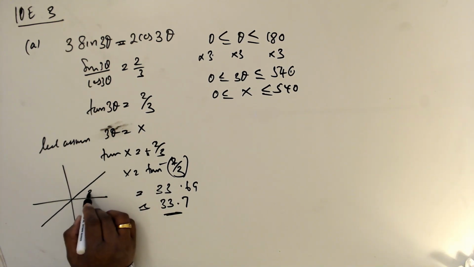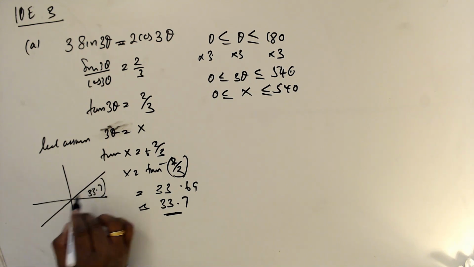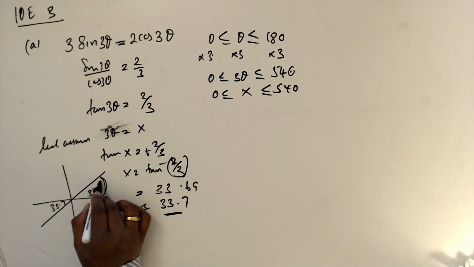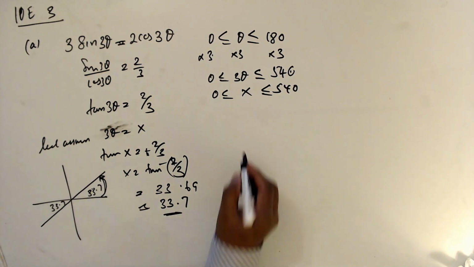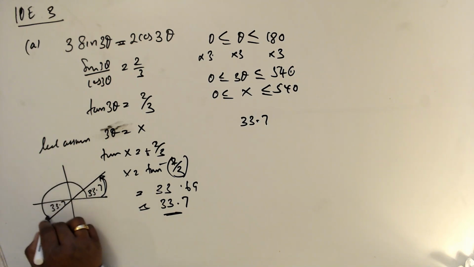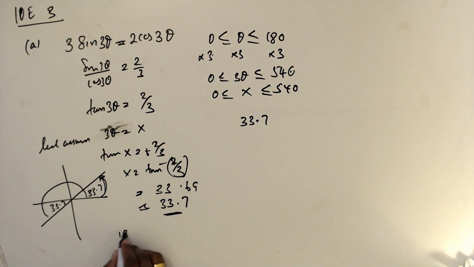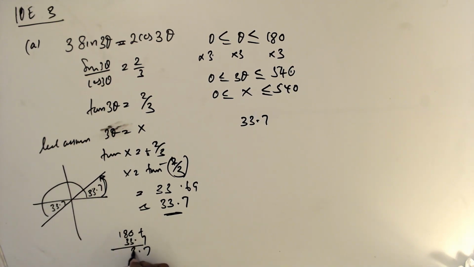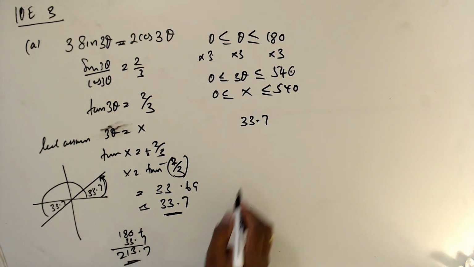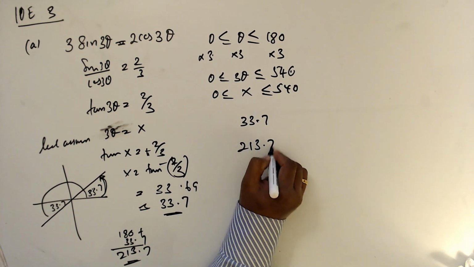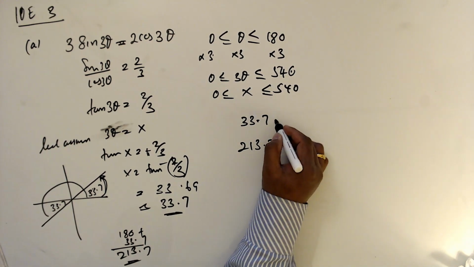So this is 33.7, and one angle is this one, 33.7. The other one is 180 plus 33.7, because this is 180 and the other 33.7, so 213.7.